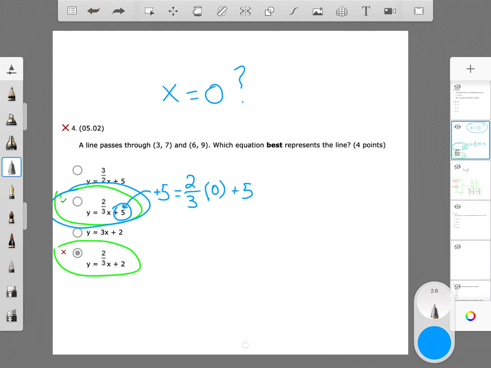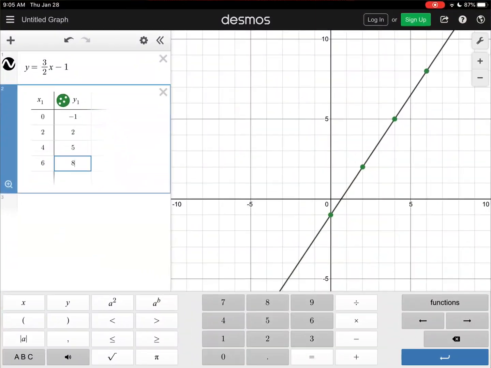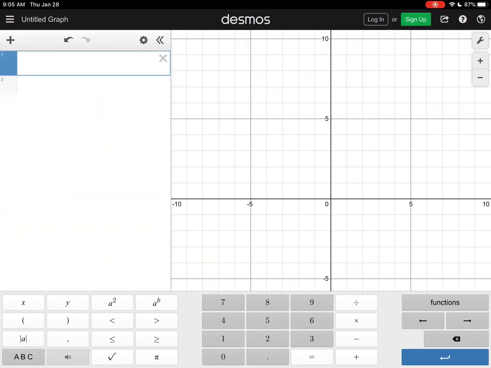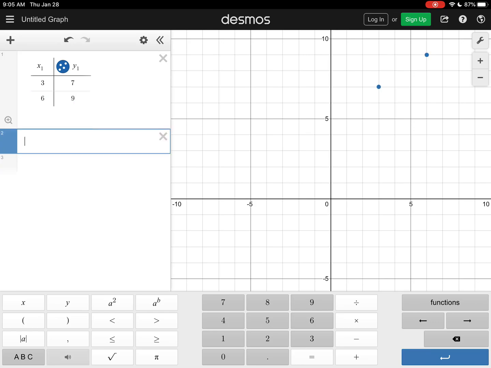We still don't know which one is the best fit. So we're going to use our other strategy. We're going to go over to Desmos and compare. We want to know which line goes through the points 3, 7 and 6, 9. So we'll put those in a table and test it out. 3, 7, 6, and 9, and we'll put in our functions.